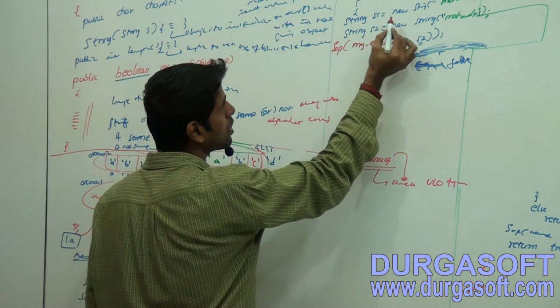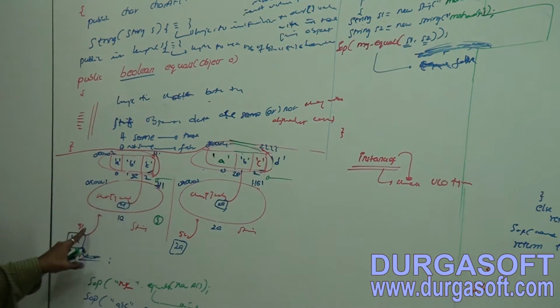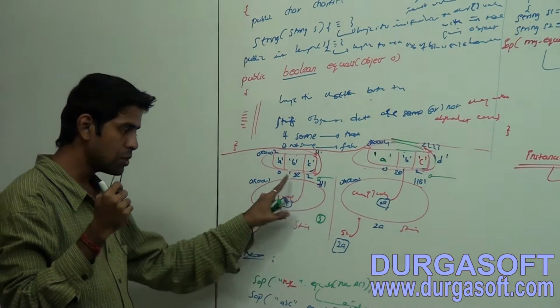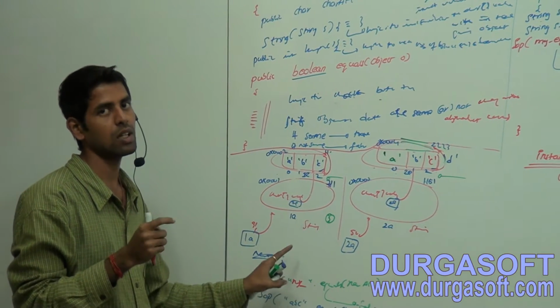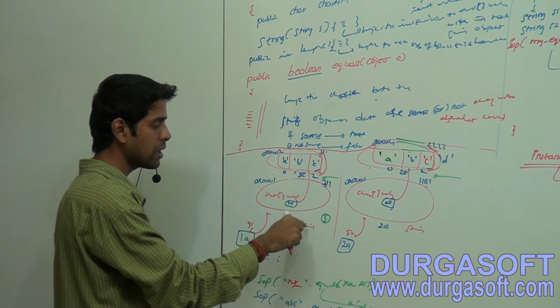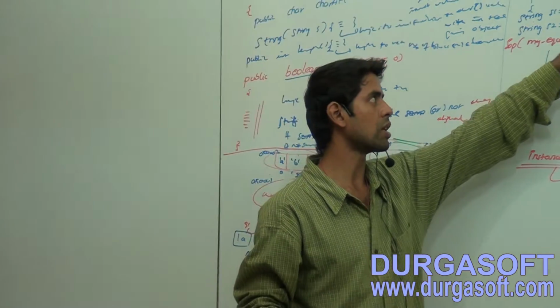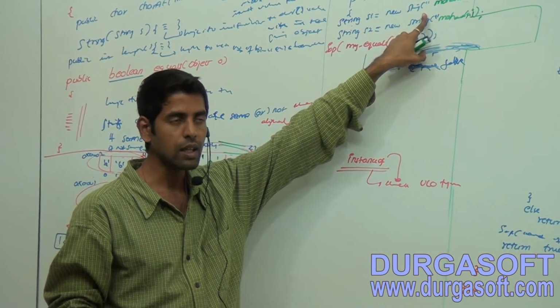Here, String s1 equals new String. Now observe here, s1 referring object type is what? A string. How are you telling? Because of the constructor.